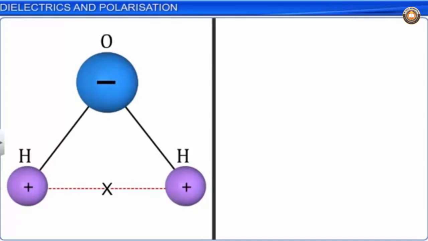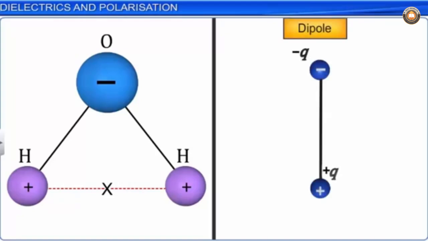As such, we can say that all polar molecules like water, hydrogen chloride, etc. behave as permanent electric dipoles. Therefore, even in the absence of an external electric field, such molecules possess a permanent electric dipole moment.